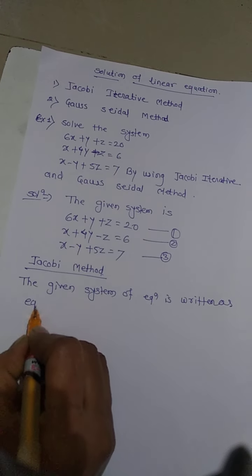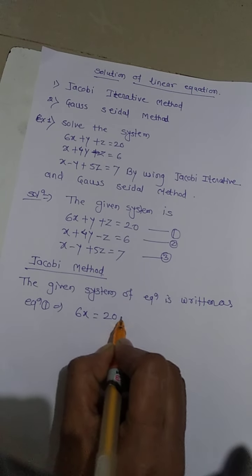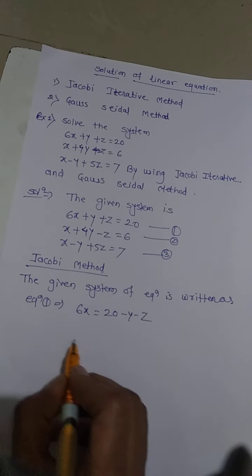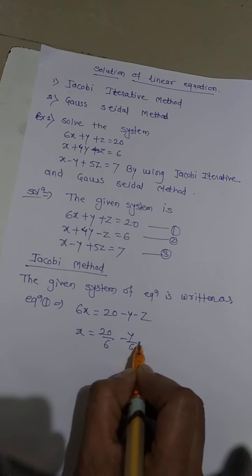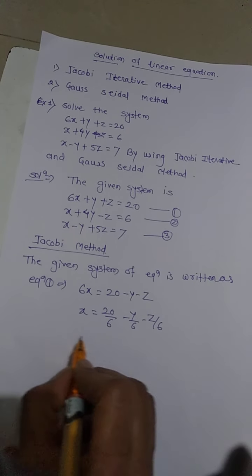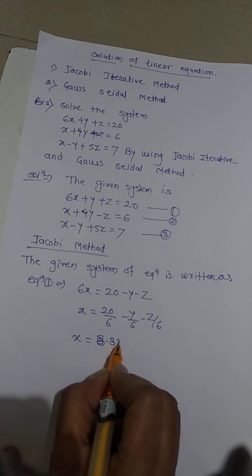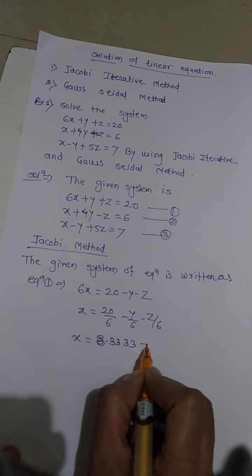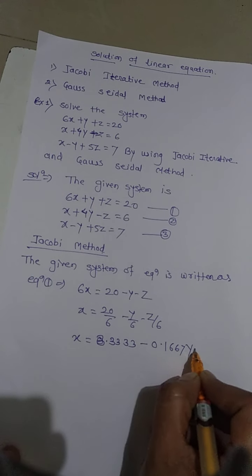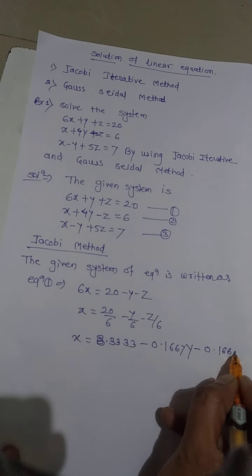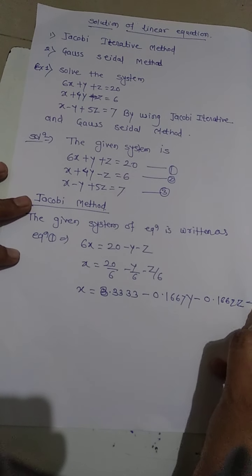From equation 1, 6x is equal to 20 minus y minus z, then x is equal to 20 by 6 minus y by 6 minus z by 6, that is x is equal to 3.3333 minus 0.1667y minus 0.1667z, that is equation number 4.